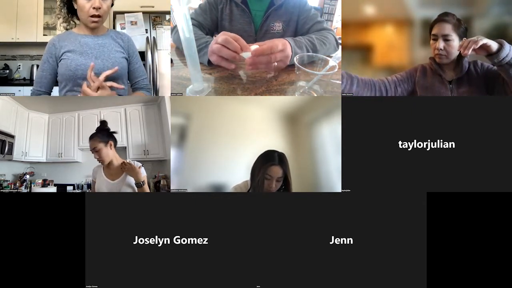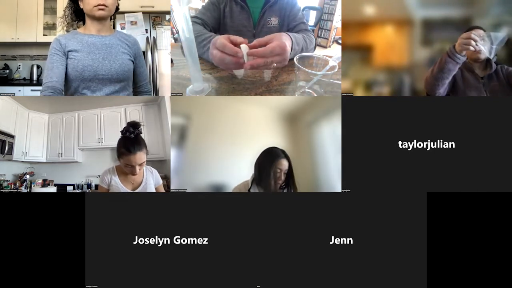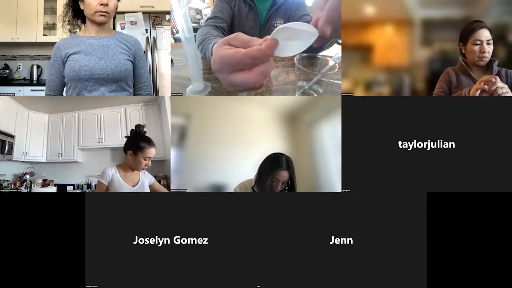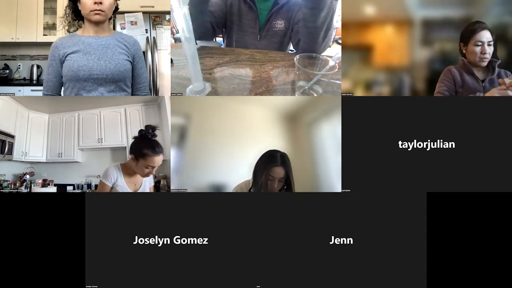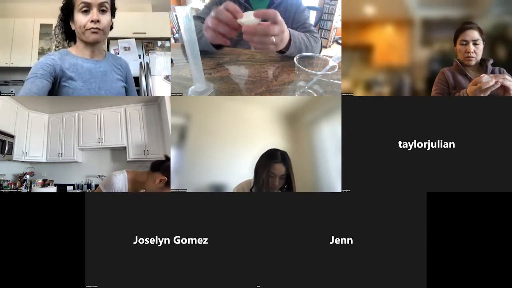There's two different ways you can go with this. You can go the regular route, fold it twice, and that makes a nice little thing that fits inside.